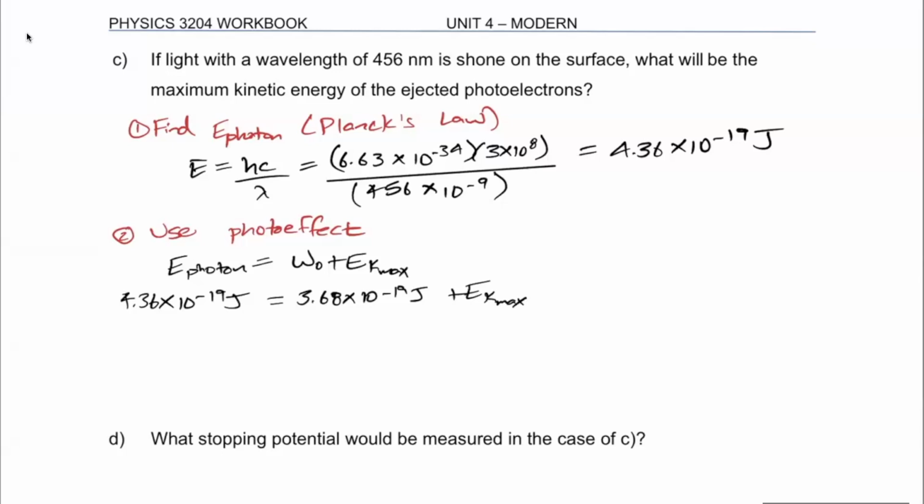Well, now we're going to do what? How do we solve for EK max?